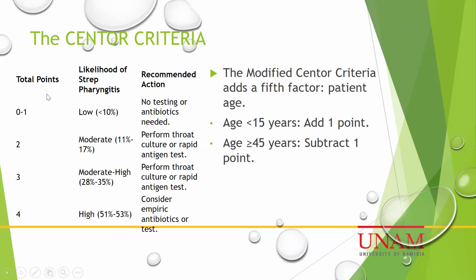So if you have a Centor criteria total point of between 0 to 1, all right, the likelihood of streptococcus pharyngitis is less than 10%. So there's no need for testing and no antibiotics needed. All right, if the Centor point is 2, the likelihood of streptococcus pharyngitis is between 11 to 17%, and you may need to perform a throat swab, all right, or rapid antigen test to confirm it.